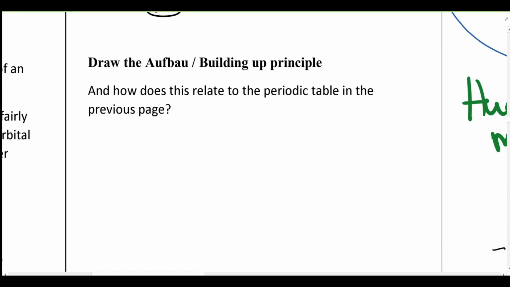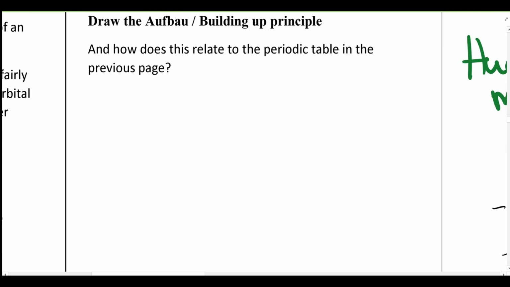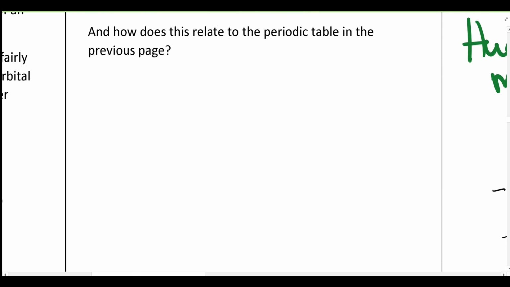And the last one is the Aufbau principle, which simply describes the relative energy between one level and the next, and the next. So I'm just going to draw it, which is a bit easier. I'm going to draw it from the bottom because this is going to be the lowest possible energy state.